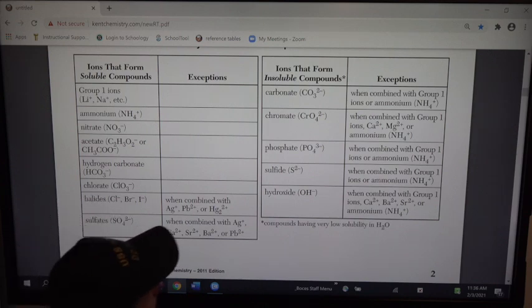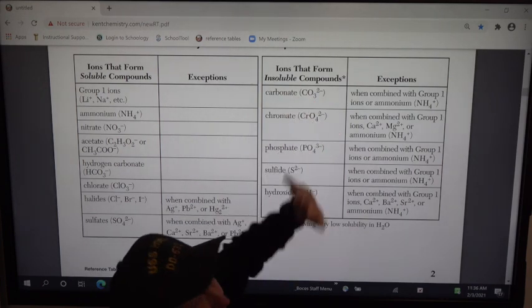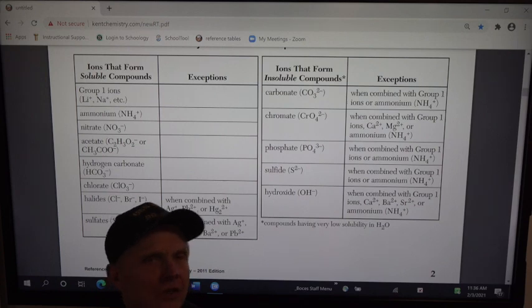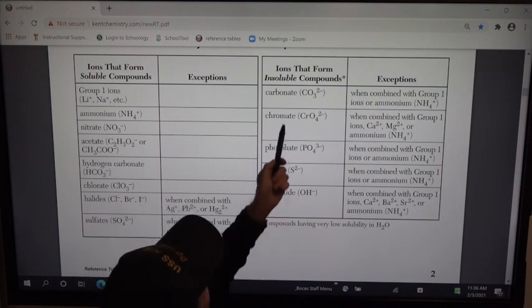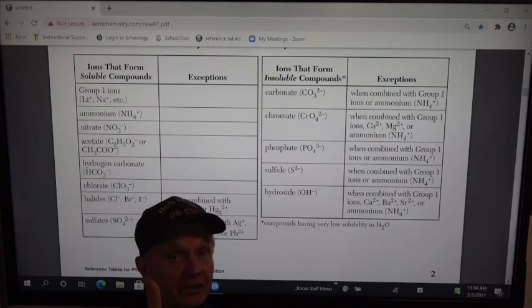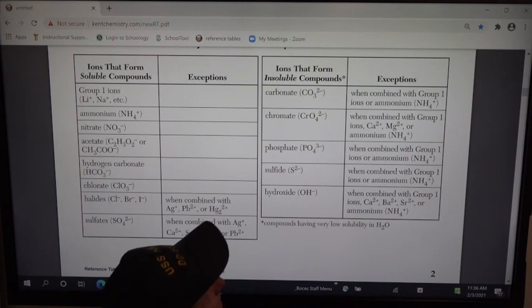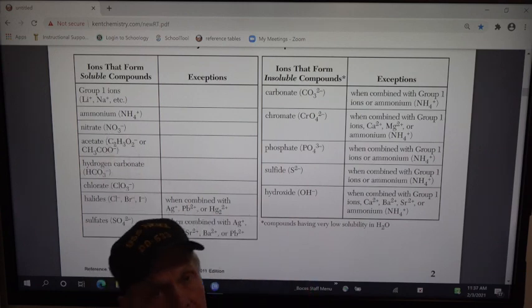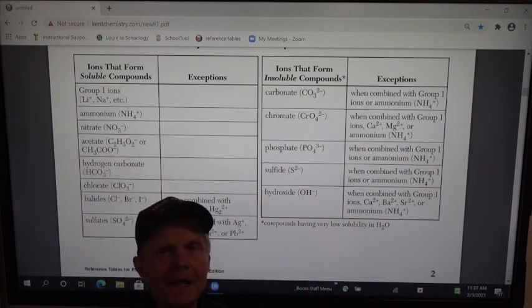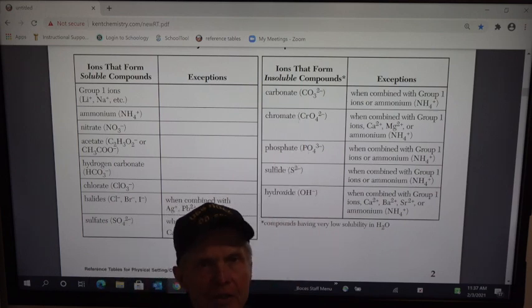Now, on the other side, these are ions that form insoluble compounds. So anything hooked to carbonate will be insoluble, except if it's a group 1 metal or if it's hooked to ammonium. So if it's a group 1 metal or hooked to ammonium, the carbonate will be soluble in water.